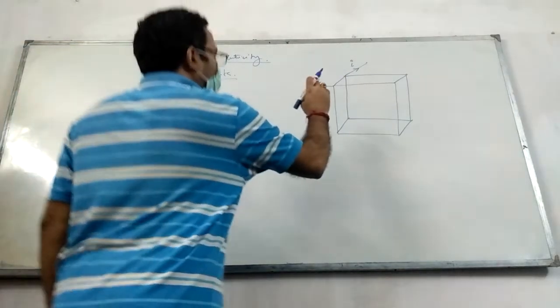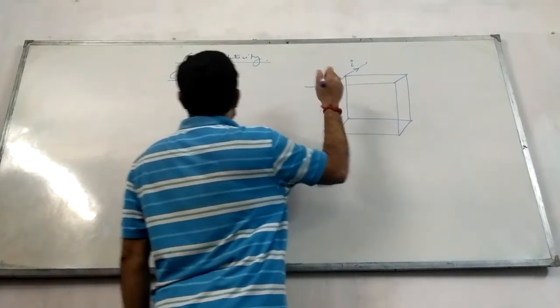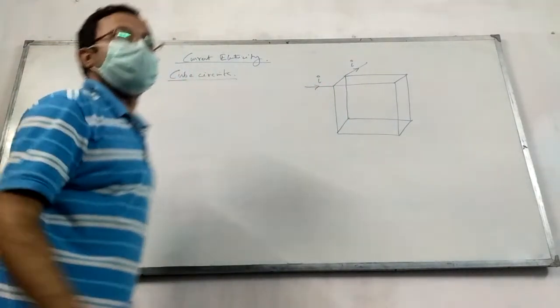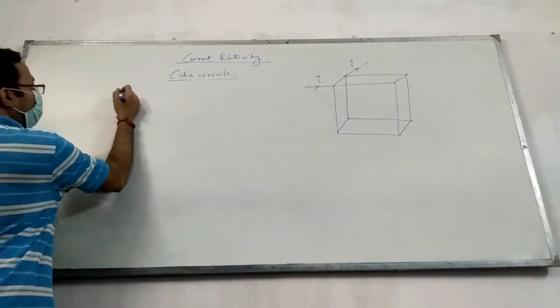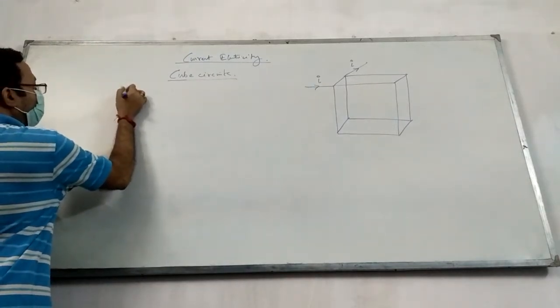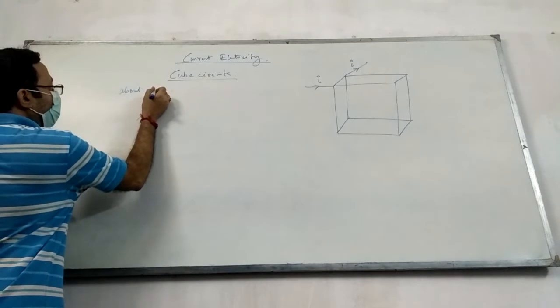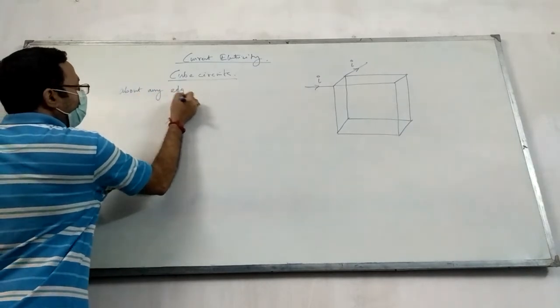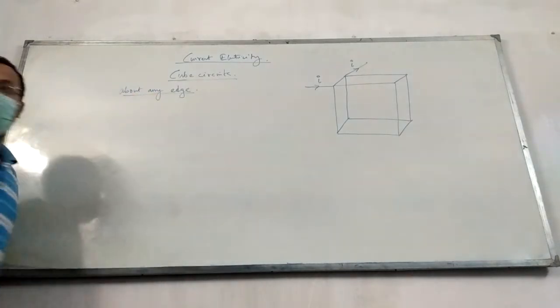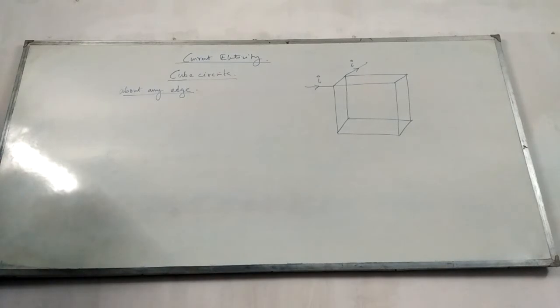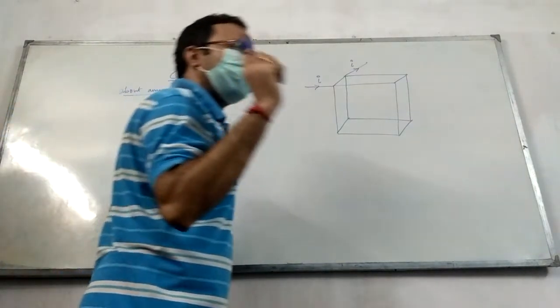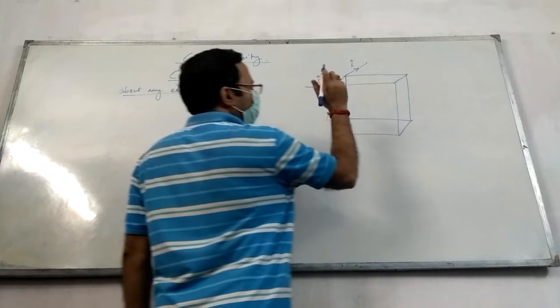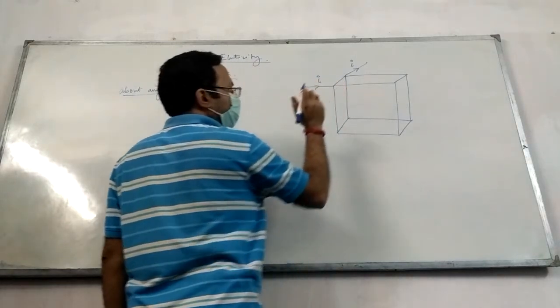Well, now for this cube, we are finding out the equivalent resistance about any one of the edge. About any edge. For this, it is a little complicated. Just try to understand this carefully.